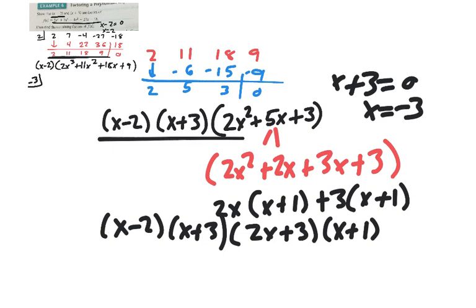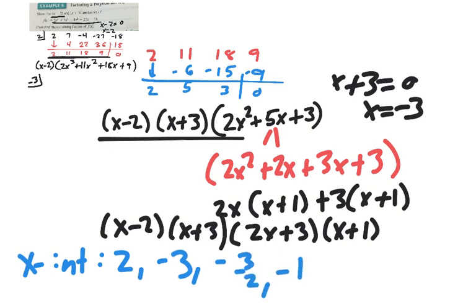So again, if it asks me to find the x-intercepts, which again is my big goal, the x-intercepts are at 2, -3, -3 halves, and -1. Okay, where did I get those from? Just solve these, right? Set this equal to 0. So that would be 2x plus 3 equals 0.